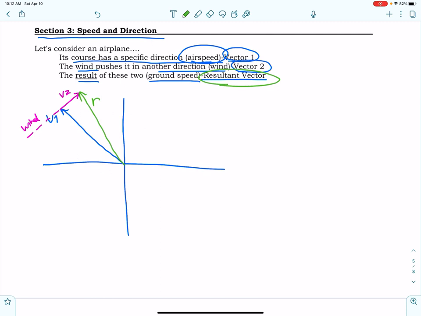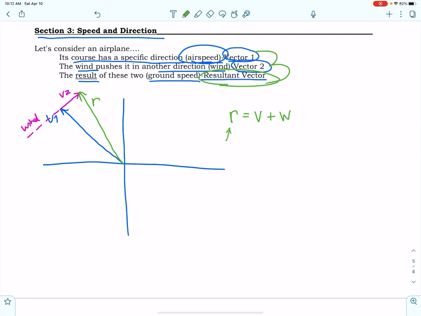All right, so the important thing you need to know about this is that we have a relationship between these three vectors. There's a mathematical relationship, and that relationship is that the resultant vector is equal to the original course plus the force that acts upon the original course.